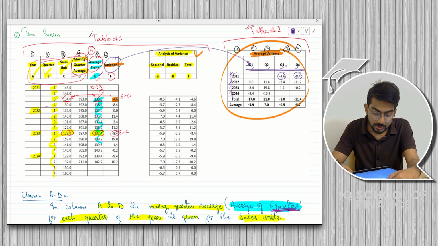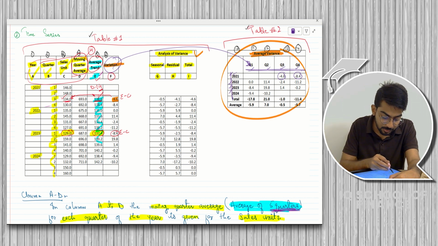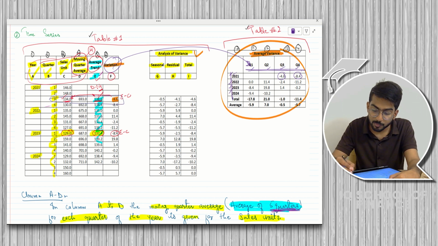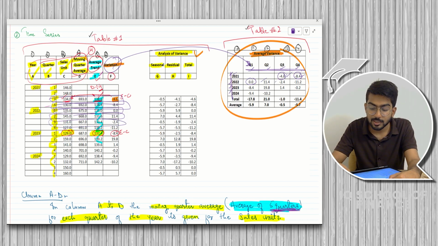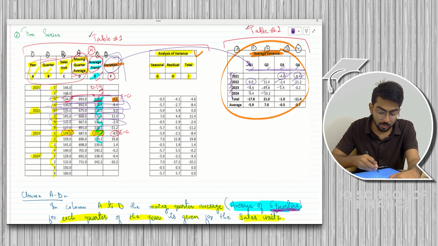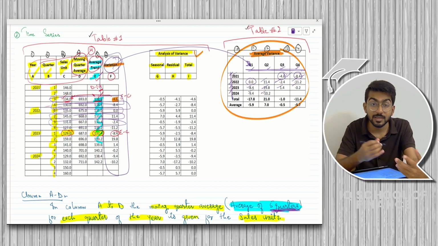For quarter 3 of 2021, see here 4.6. Quarter 4 of 2024, 8.4. Quarter 1 of 2021, 0. Quarter 2, quarter 3, and likewise the values are fed in this table from the variation column for each quarter of each year.